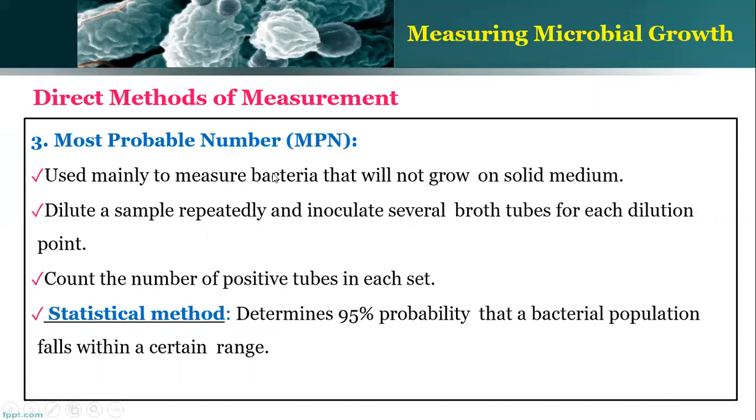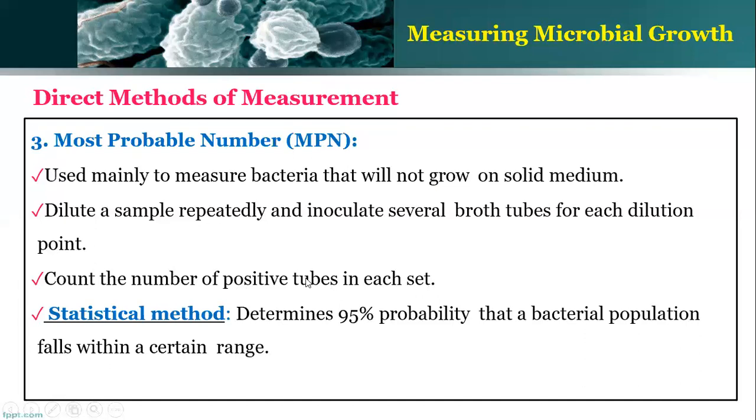Here, it is used to measure bacteria that will not grow on solid medium. The sample is inoculated in several broth tubes for each dilution point. So it is serially diluted in broth, not in agar. Then count the number of positive tubes in each set.